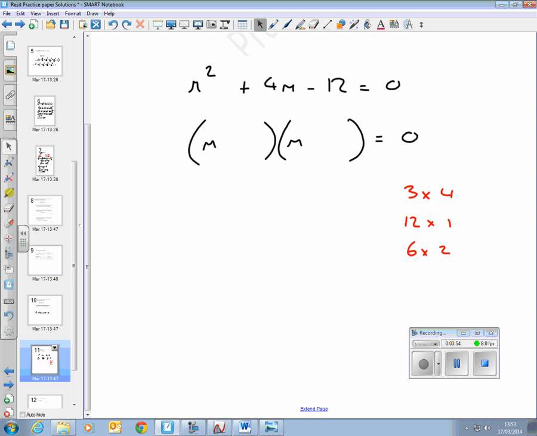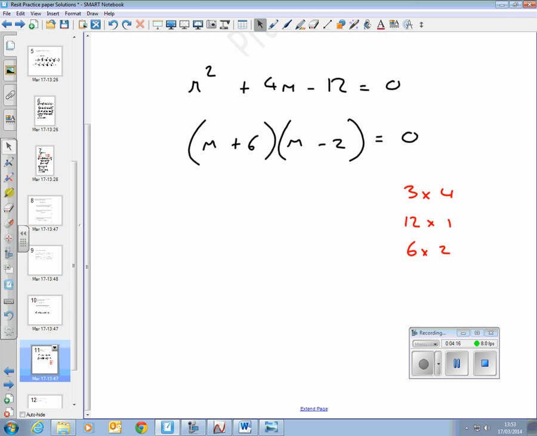Because we've got a minus, one of these has got to be negative in each of these to make it negative. So how can we get them to make plus 4? Plus 6, minus 2. So the factors must be plus 6 and minus 2.